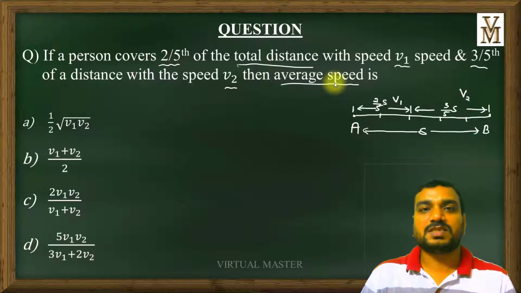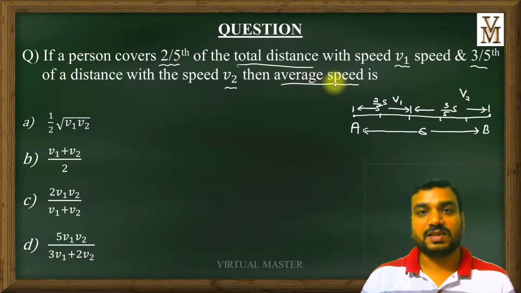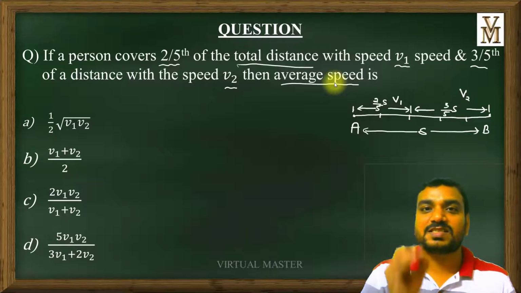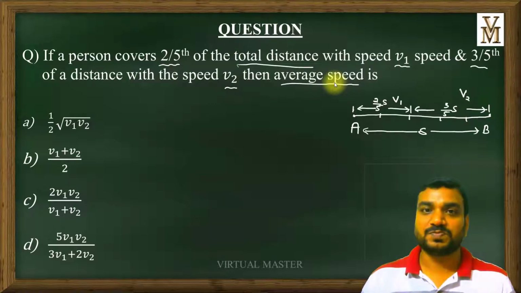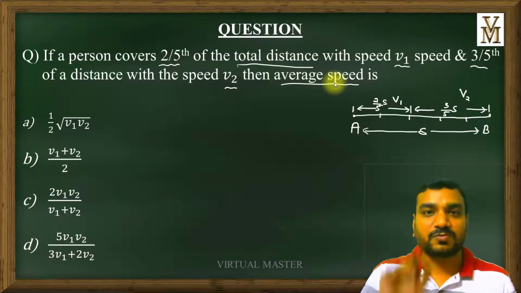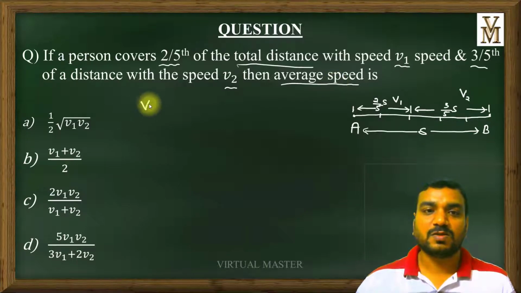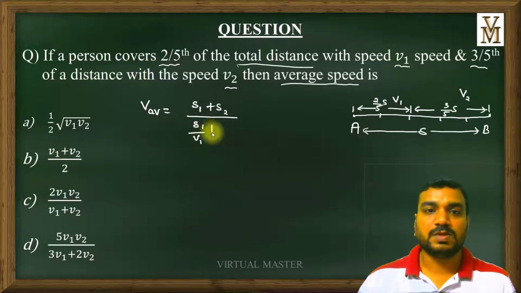In the previous session we derived a formula for the average speed of an object covering different distances with different speeds. We are going to use that formula to solve this problem, and the formula is V_av equals S1 plus S2 divided by S1 by V1 plus S2 by V2.